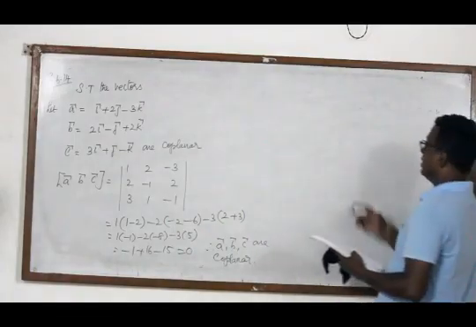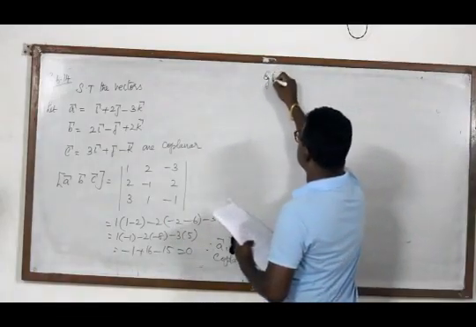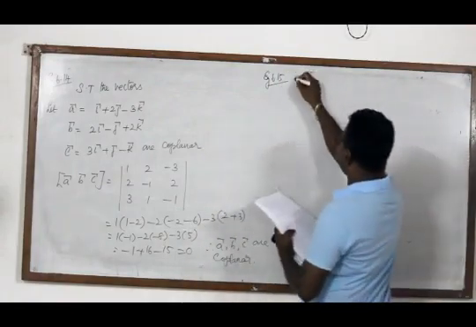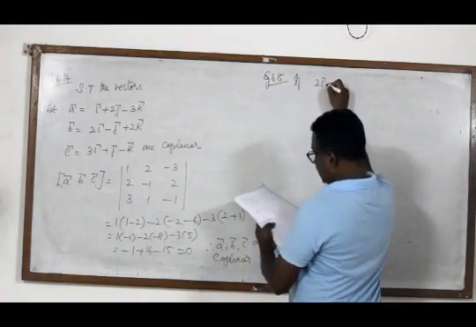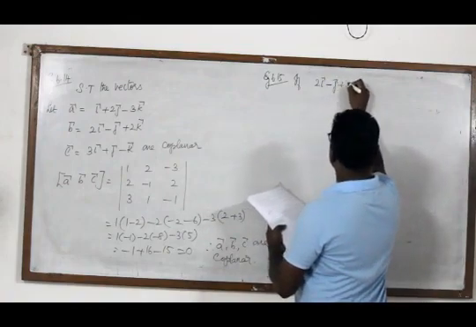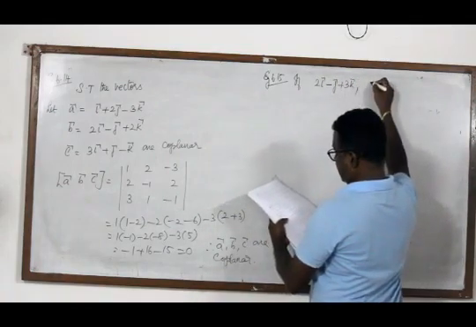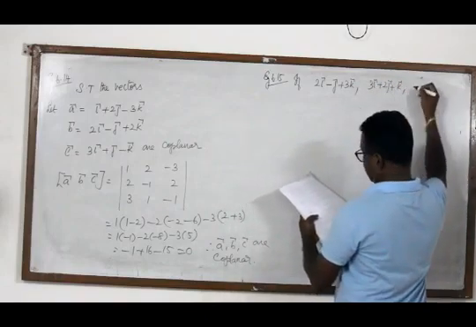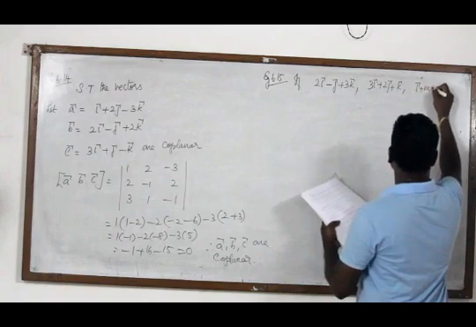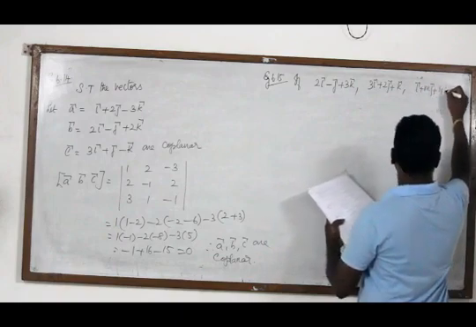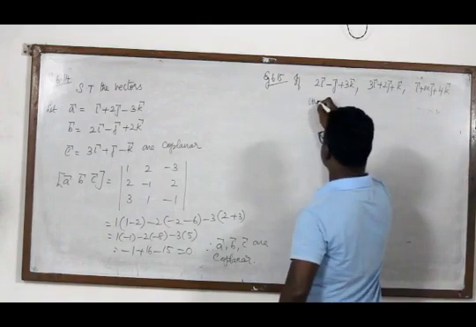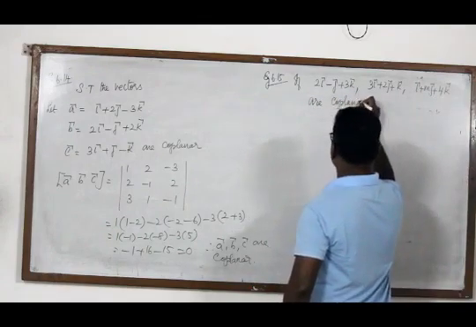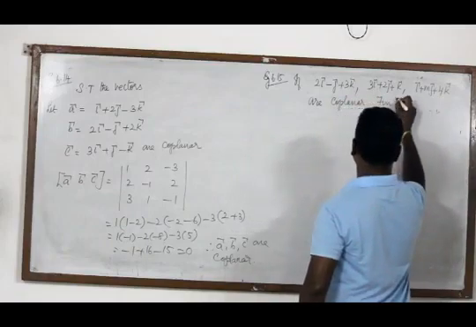Now we shall go for example 6.15. Given 2i minus j plus 3k, 3i plus 2j plus k, i plus mj plus 4k vectors are coplanar. Find m.